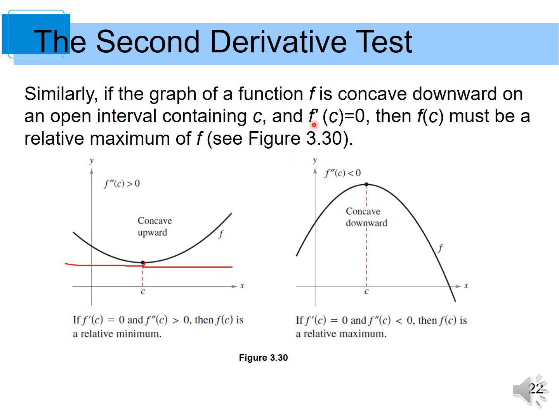But f prime of c equals 0, meaning that the slope at this point is equal to 0. The tangent line at this point is a horizontal line. The first derivative is talking about the slope. Then f of c must be a relative maximum. Look at this point, it's the highest point along this curve.